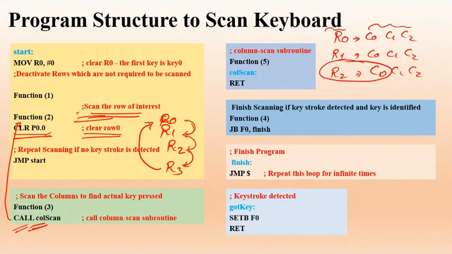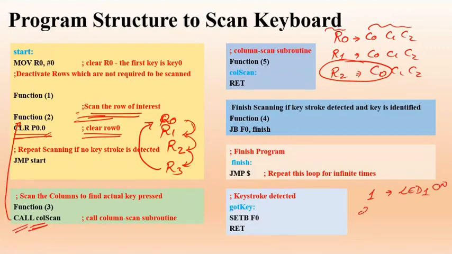But assume one of the keys is pressed and you detected the keystroke. Then depending on that keystroke you can write a program which will activate some other thing, like making an LED on. Assume you have to make a program like, if key number 1 is pressed, make one of the LEDs on.